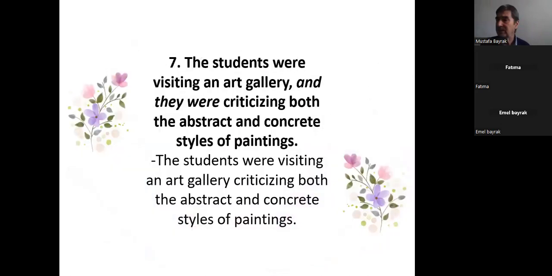7, the students were visiting an art gallery and they were criticizing both the abstract and concrete styles of painting. So, the reduced form is this: the students were visiting the art gallery, criticizing both the abstract and concrete styles of painting. Then we will see in the following pages that we can also say it like this: the students were visiting the art gallery by criticizing, by verb-ing, okay?